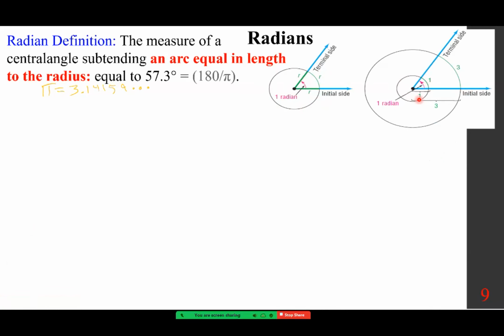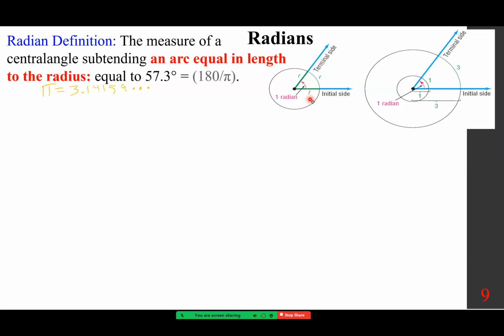It doesn't matter how big or small the circle may be, the length of the arc, in this case is 3, must be the same as the length of its radius. If it's 1, it's 1. If it's 3, it's 3. If it's r, in general, r. So the arc length must be equal to the radius.